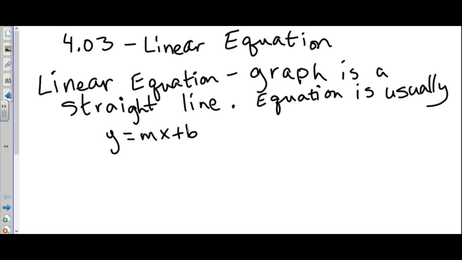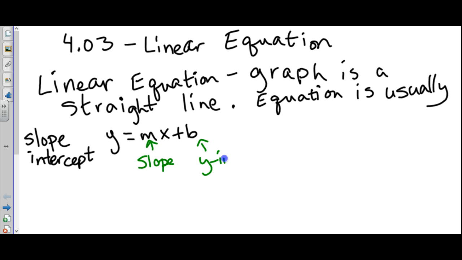When it's written in this form, y equals mx plus b, that is called slope-intercept form. There is some information you can find right away when it's written in slope-intercept form. You can figure out what the slope is and what the y-intercept is.